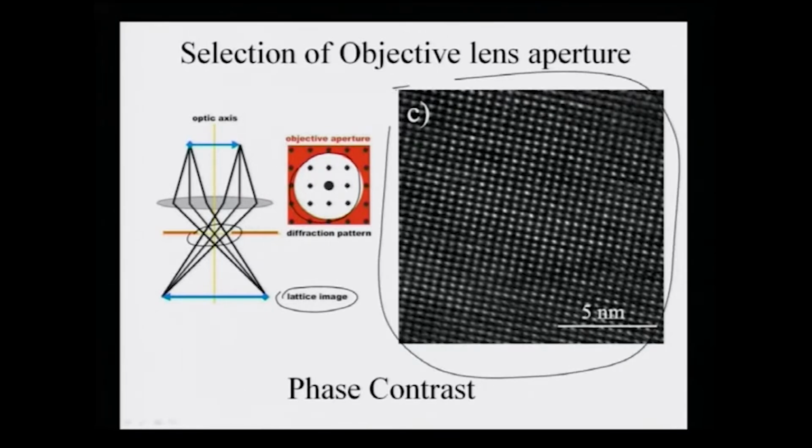So, this is the second set of image formation which is done routinely in electron microscopes nowadays because of the advent of different high quality microscopes.